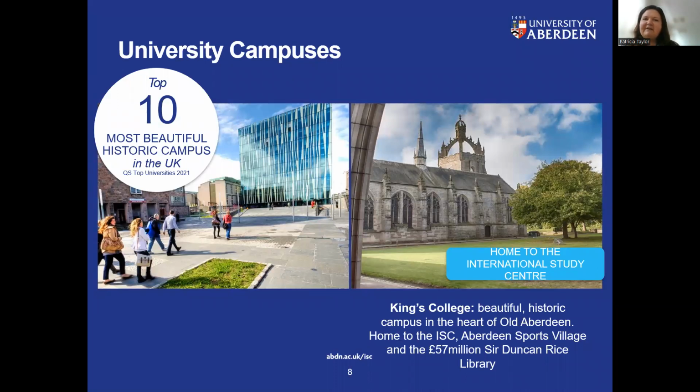So hopefully that gave you a little flavour of the type of campus that we are. It's very beautiful, historic, right in the heart of old Aberdeen. So we are steeped in history. However, we have modern facilities and technology as well.